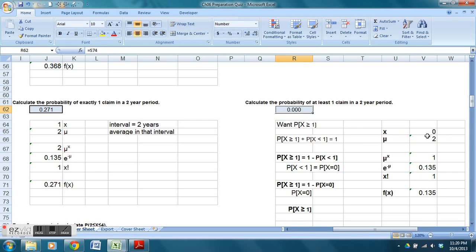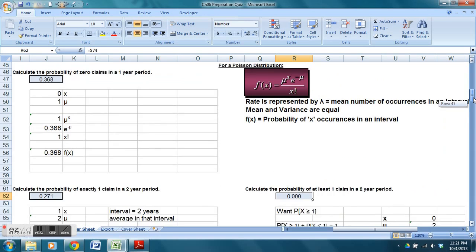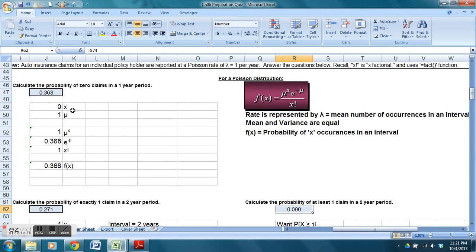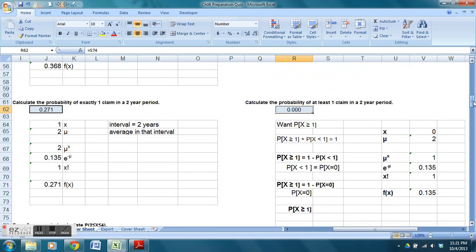And end result is probability of 0 accidents is 0.135. Notice that's different than the probability of 0 claims in a 1-year period, obviously, because now we're talking about a 2-year period. So be careful with that mu again. And probability of 1 or more accidents is just 1 minus probability of 0 accidents. Beautiful.